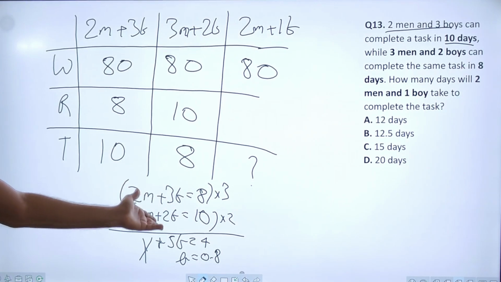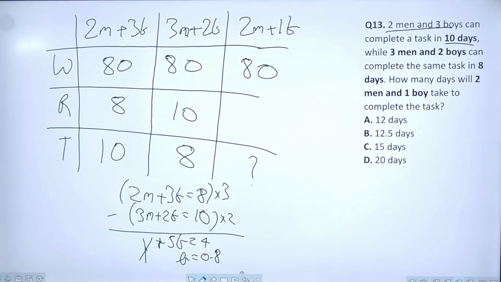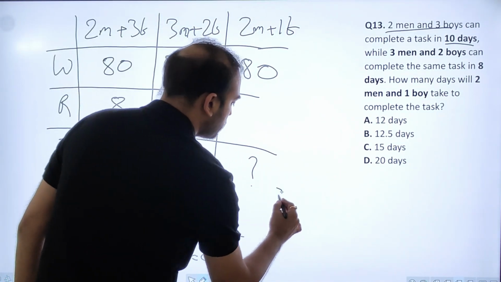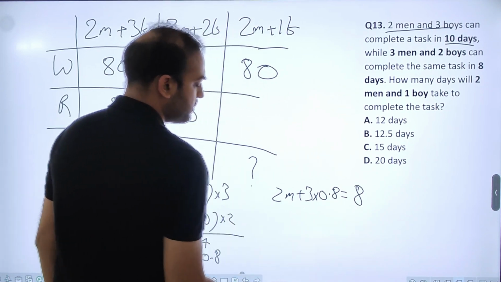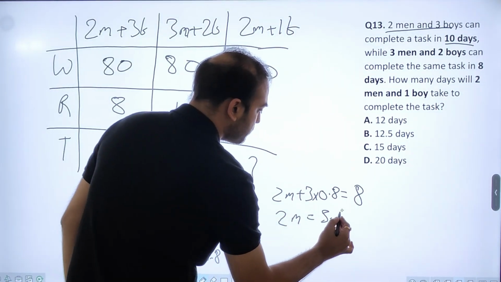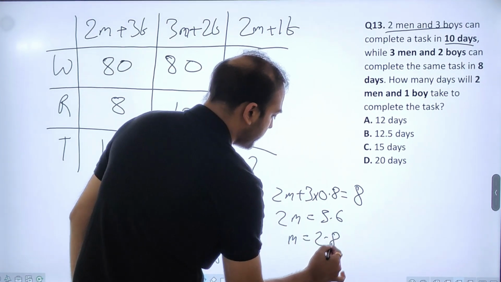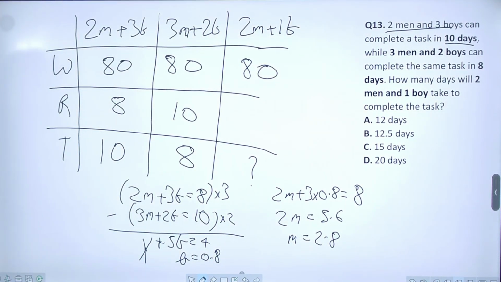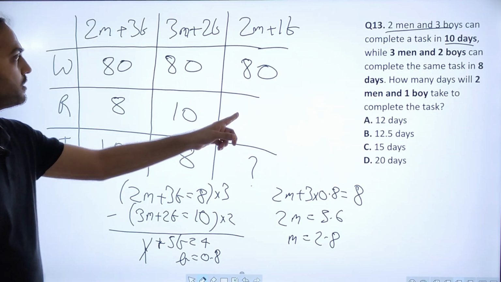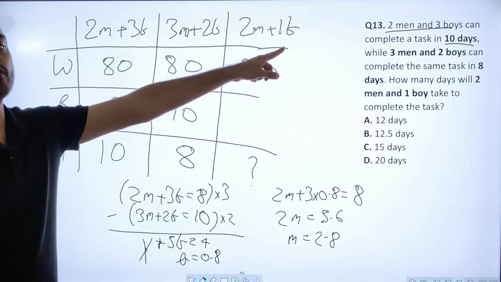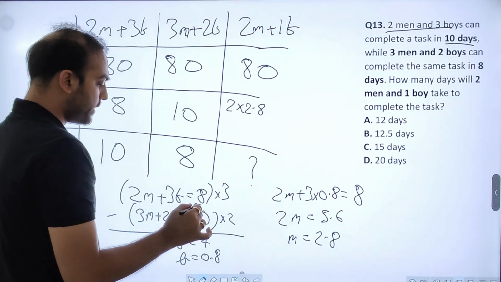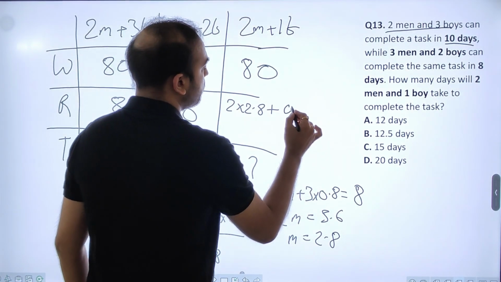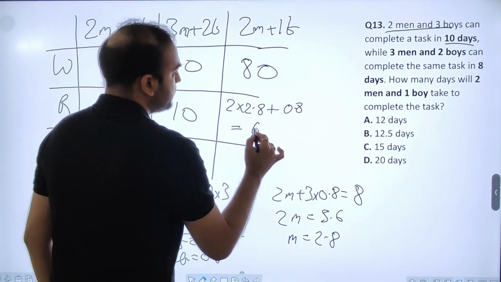Now I substitute this back in any one of the two equations. So 2M plus 3 into 0.8 is equal to 8. 2M is equal to 5.6. M is equal to 2.8. So rate of one man is 2.8. Now we have 2 men and 1 boy working, so the rate will become 2 into 2.8, 2 into rate of man plus rate of boy, that's 6.4.